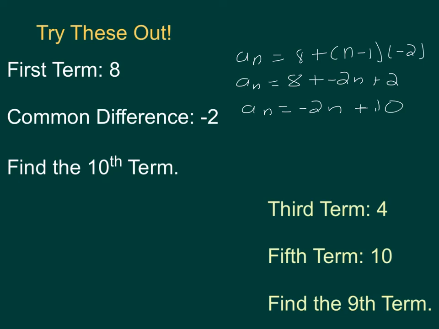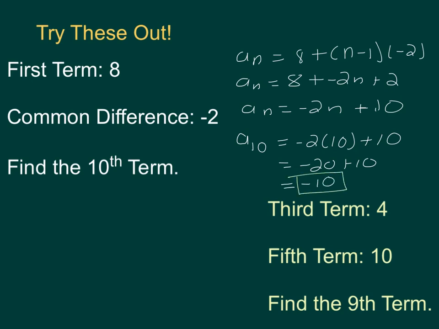So now that I've done that, to find the 10th term, I'm finding a sub 10. A sub 10 is looking at negative 2 times 10 plus 10, which is negative 20 plus 10, which is negative 10. So if I took a sequence that started with 8 and had a common difference of negative 2, the 10th term would be negative 10.